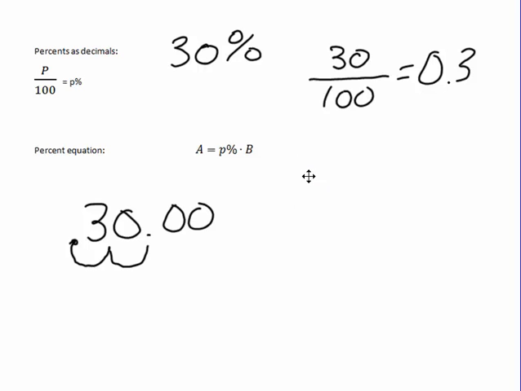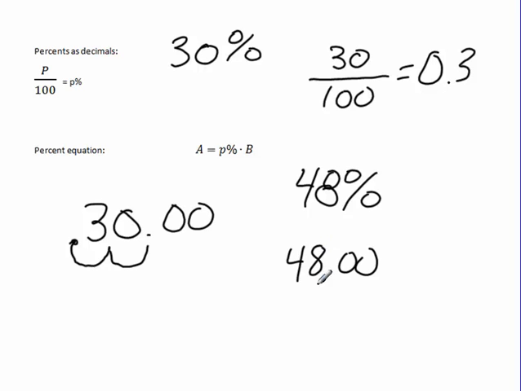Let's try that out with 48%. 48% is really 48.00. Here's my decimal place. Let's move that 2 units, and 48% is really 0.48 after we move our decimal 2 units to the left. So this is the decimal value.